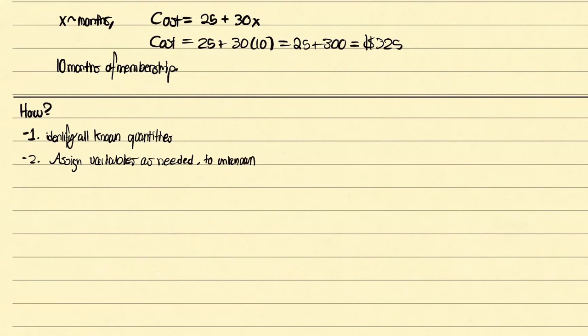That's the whole point of the variable. It's something that can change, something that we know is being described, but we don't know exactly what it is. And that's where math becomes super powerful.